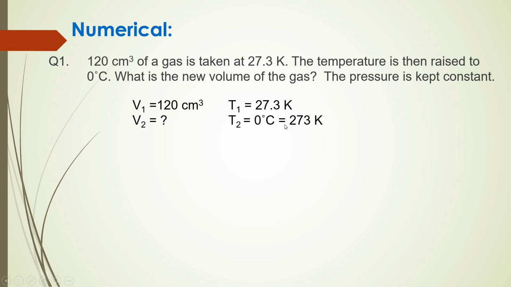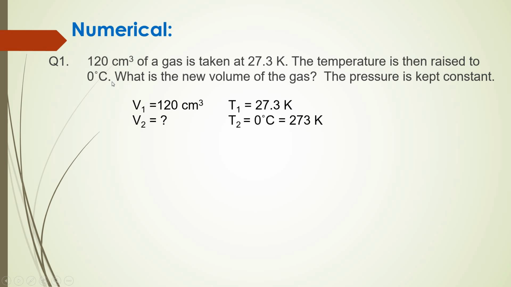Now let us go to final conditions. Now we are asked to find the final volume, so V2 we have to find out. Now what is the value of T2? Over here it is given that the temperature is raised to 0 degrees Celsius. This is a different scale, centigrade scale. But remember, when we solve numericals, we always solve using absolute scale, that is Kelvin scale.